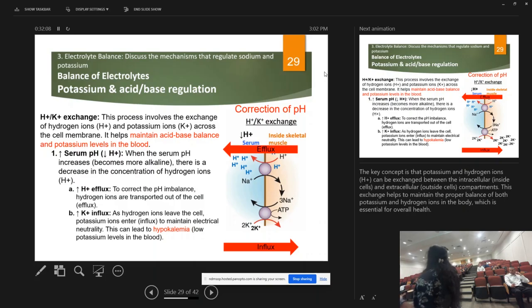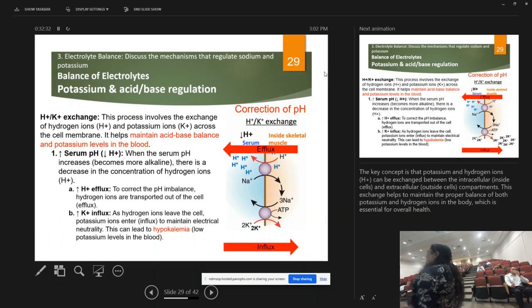This pump will work more to bring more proton out of the cell, so that it can correct that pH. The pH is high, you need to reduce the pH. So how do you reduce the pH? By bringing more proton. So this pump will start working, it will bring more proton.